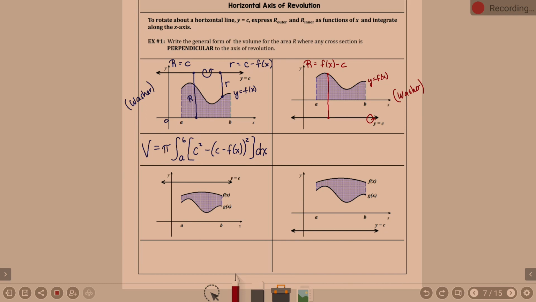Since this line is below, we have to think about c being a negative value, because it is below the curve we're rotating. You're not just adding it because there's more. No, because how do we find the distance between two things? You subtract them. So you just flip the c minus f of x and the f of x minus c. Right. Now, what's little r?